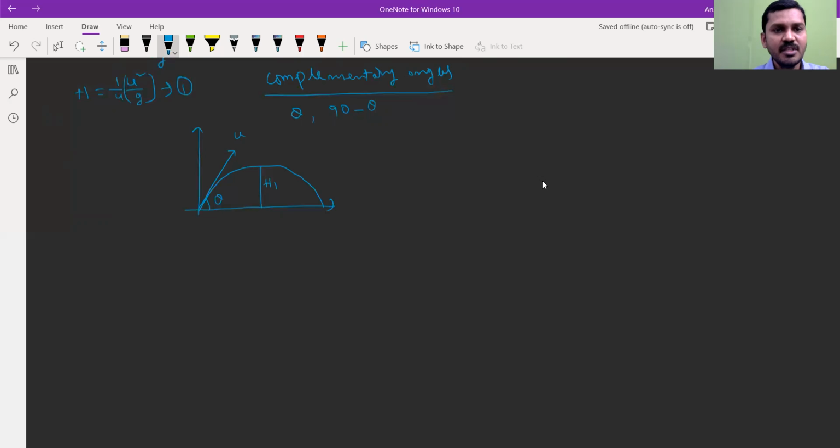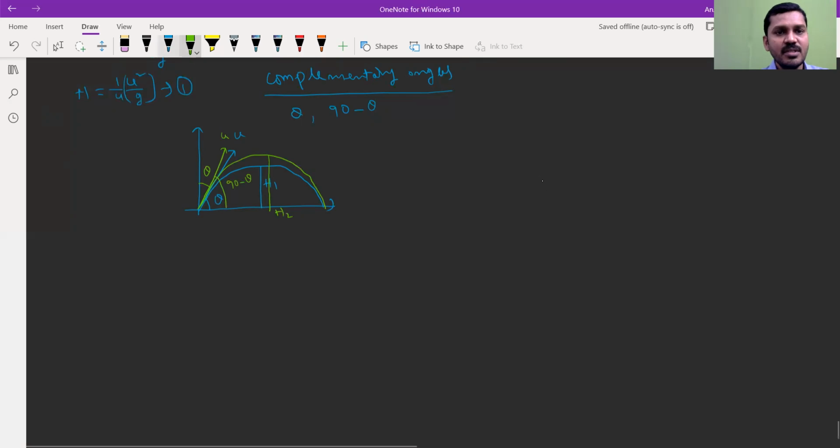Now the second one is projecting with the same velocity u, and it makes an angle theta with the vertical direction. Then it makes an angle 90 minus theta with the horizontal. So this angle is 90 minus theta, and the range of the second body is R2.